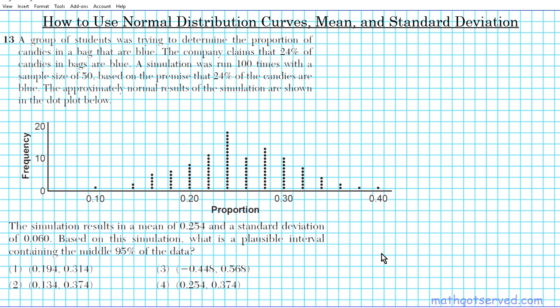Alright, so in this question, we just need to remember what interval the different percentages of the population fall into. When you're dealing with normal distribution, you just need to know what interval the 68%, 95%, and 99% of the population falls in. All right.